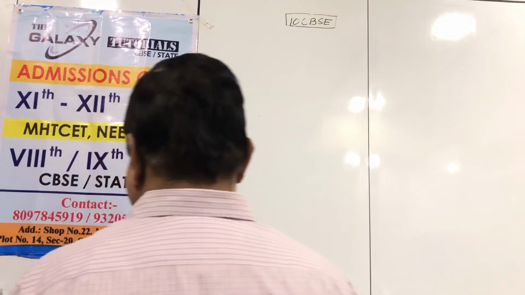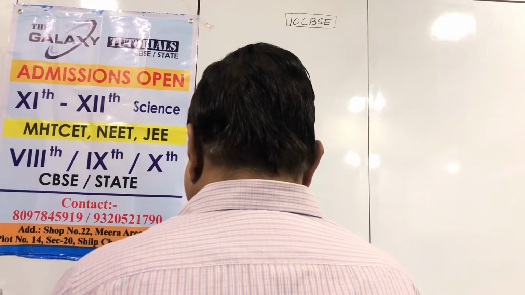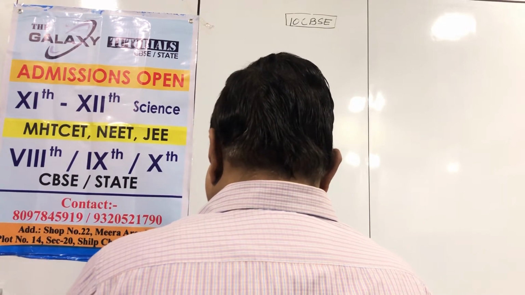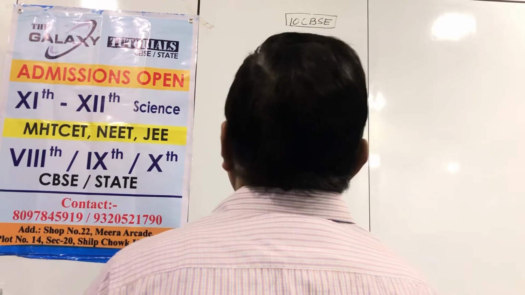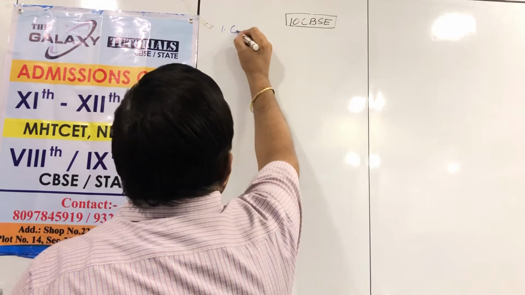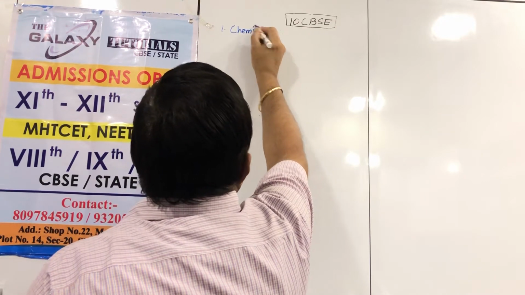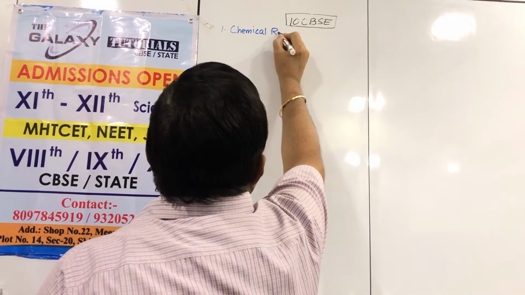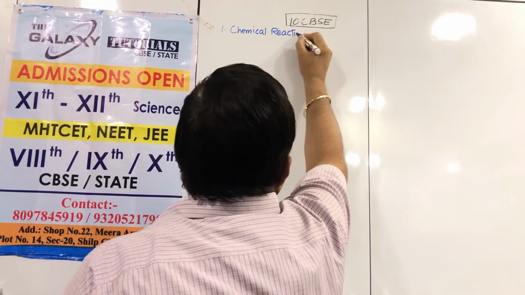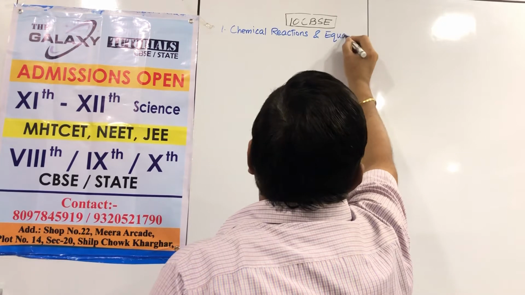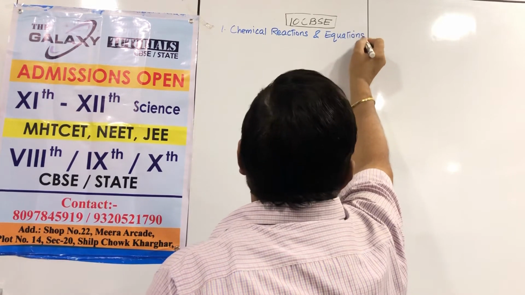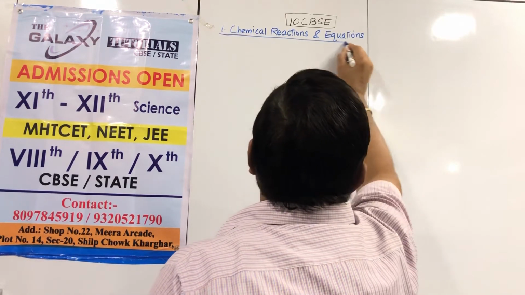So, class 10 CBSE we are at, and the chapter, my friends, is Chemical Reactions and Equations. This is the name of our chapter.